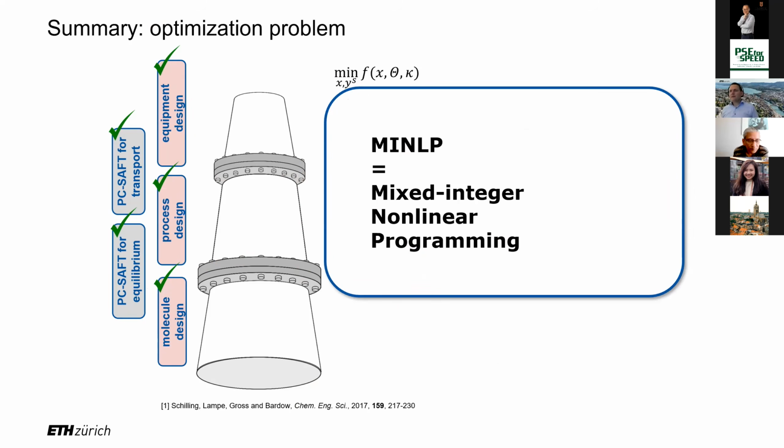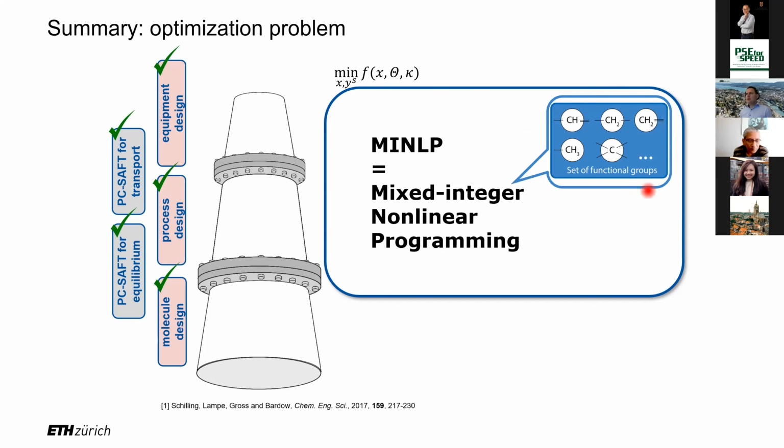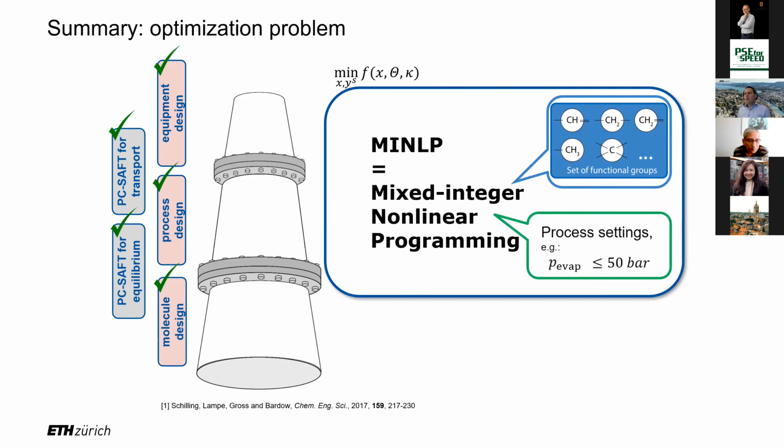One reason it's a mixed integer, obviously, is because we have the functional groups sitting in here. So these are discrete choices. And it's nonlinear because we have nonlinear process model equations. What we like to do in our approach is first forget that it's a mixed integer problem and turn it into only a nonlinear programming problem.